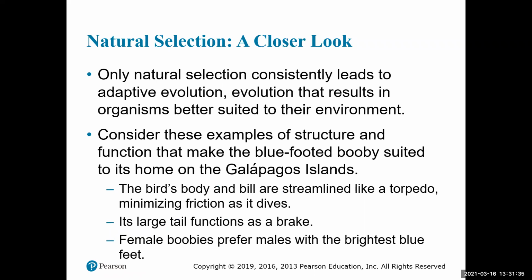So the last thing we just want to look at is a closer look at natural selection. We said that natural selection is really the only one that leads consistently to adaptive evolution, because it's the only process that is based off of fitness values and selective pressures, whereas the other two are random and are acting on alleles that are already present in the population.